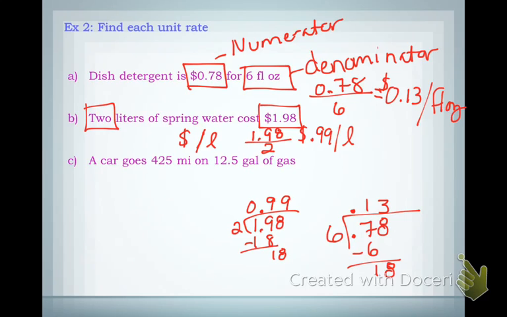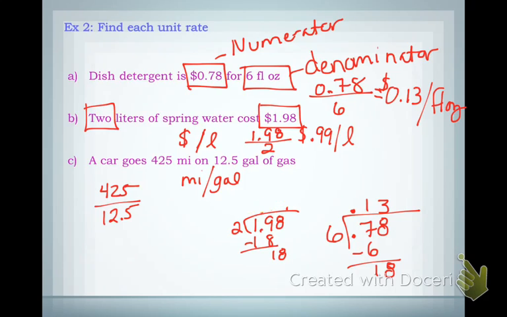Okay, the next one, most people want to know how many miles are in a gallon, or per gallon. So I'm going to have miles per gallon. So miles will be on top. So I'm going to have 425 over 12.5.